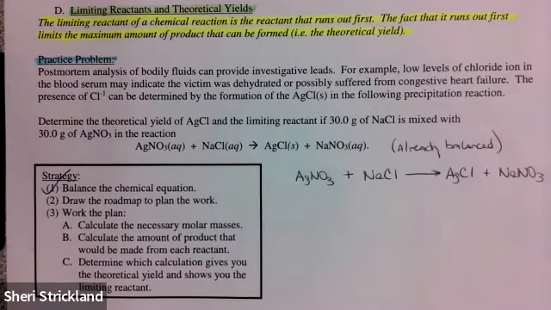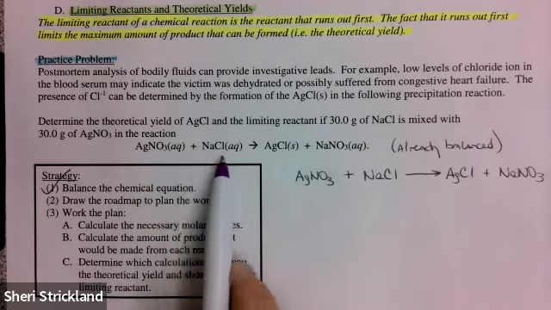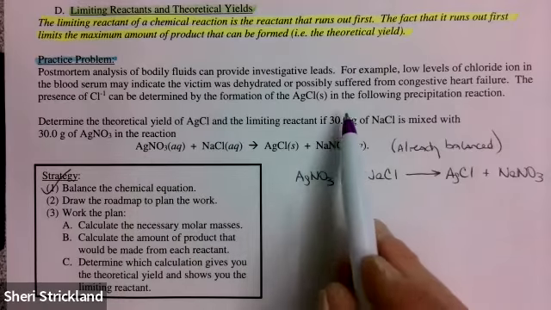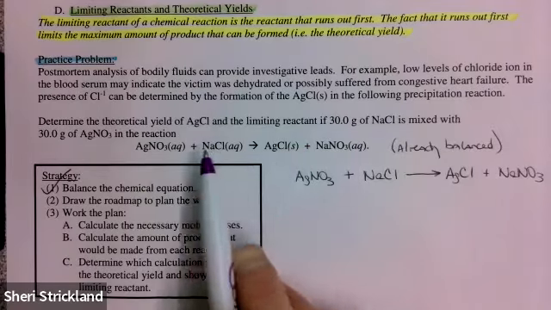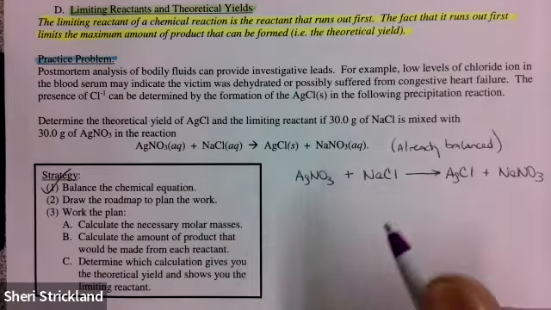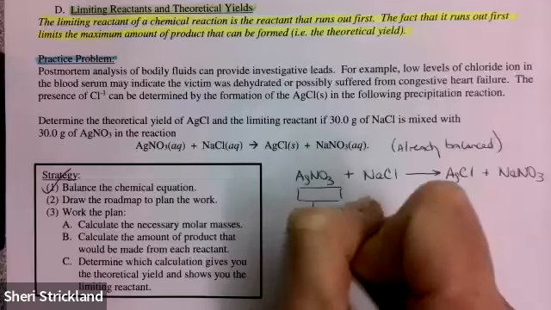All right, so in order to find out whether 30 grams of sodium chloride is going to run out first or 30 grams of silver nitrate is going to run out first, we're going to calculate the amount of this product of interest, silver chloride, that would be made by this one and then by that one. So if I wanted to know about it from silver nitrate, I would draw a roadmap that looked like this.